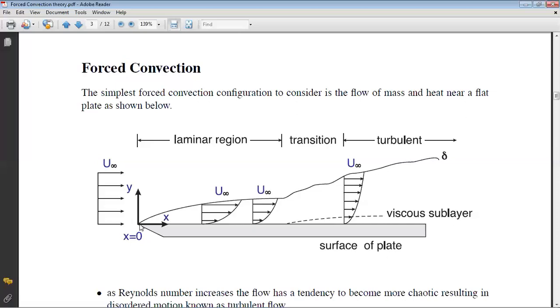This condition is also termed as the no slip condition, where there will not be any relative velocity between the fluid and the surface.